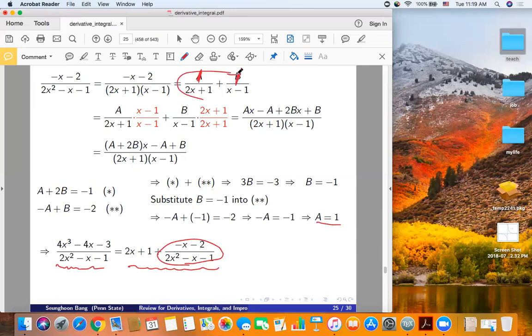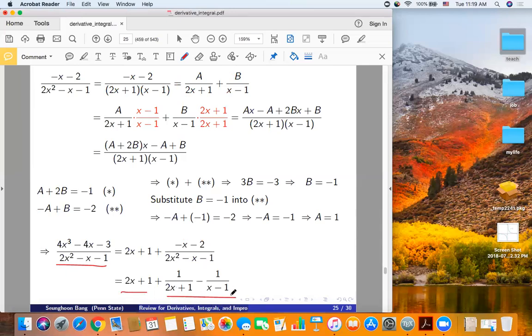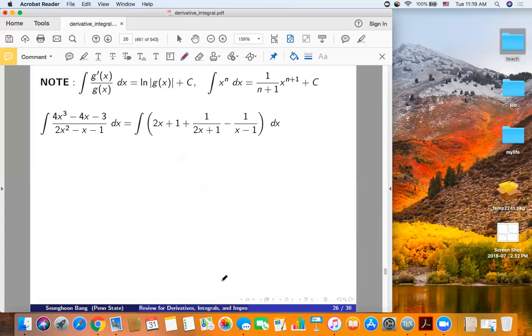So we have this form. Next, take the integral. This one is 2x plus 1 plus the sum of two simple fractions, so we just take the integral.